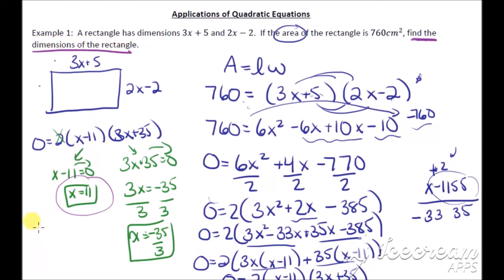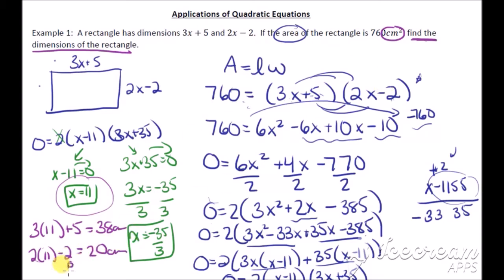So the first dimension is 3x plus 5, and if we sub in 11, we get 33 plus 5, I get 38 centimeters. And we get 11 times 2 minus 2, so I get 22 minus 2, I get 20 centimeters.